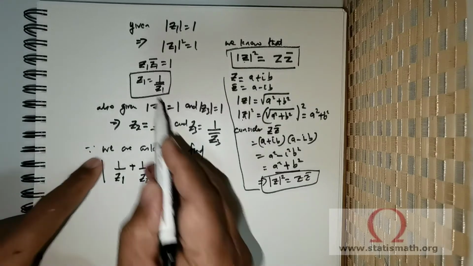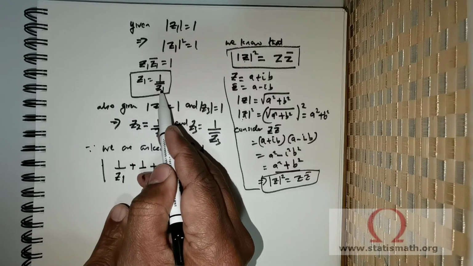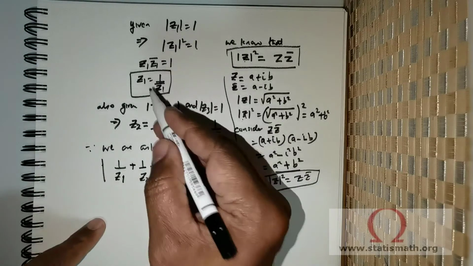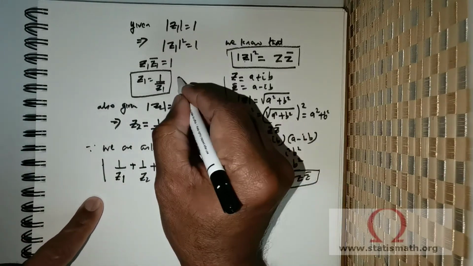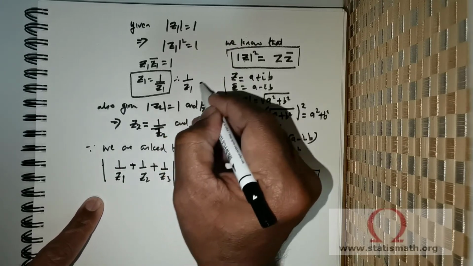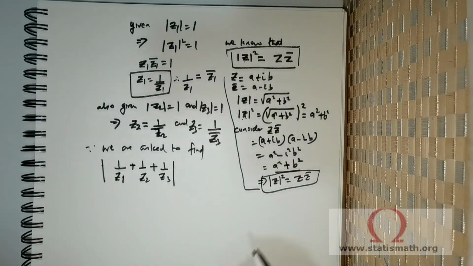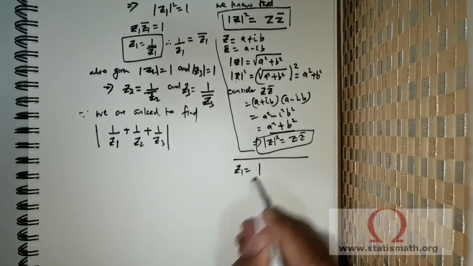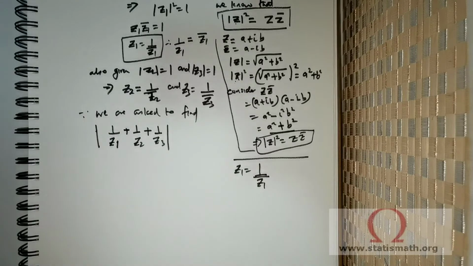Now z1 is 1 over z1 bar. But if we were to take the reciprocal of this, then we would end up with, therefore 1 over z1 is going to be equal to z1 bar. Now how do I get that? I'm going to show that to you here. Now z1 is equal to 1 over z1 bar. You agree with that?